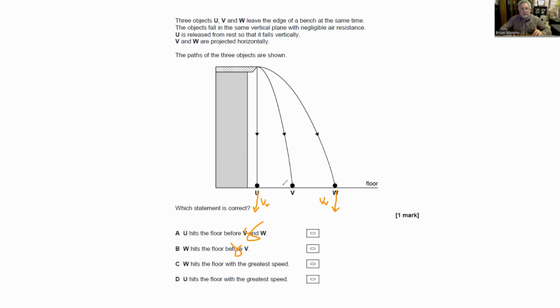But W started off with a horizontal velocity, which stays the same. So there's a V horizontal. That gives us a resultant vector like that. Now, because Pythagoras said so, that resultant is going to be bigger than that. That is your answer. Quite a variation on the theme, quite tricky.